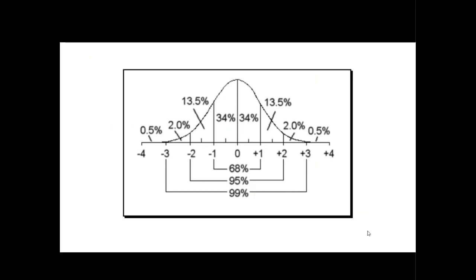And as a reminder, the thing about the normal distribution is that the probabilities are known. Approximately 68% of the values will lie within one standard deviation before and after the mean. Approximately 95% will lie within two standard deviations, and approximately 99% within three standard deviations.